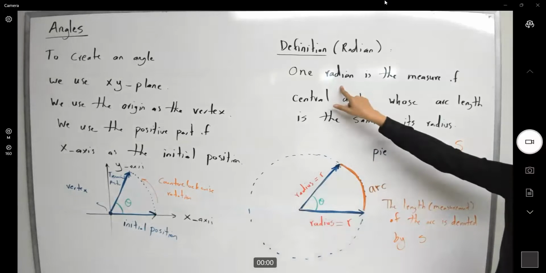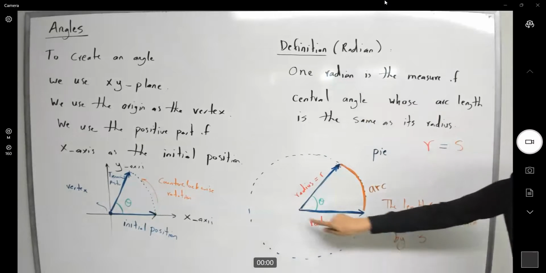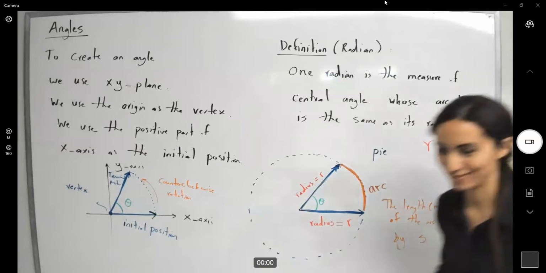That's how we define 1 radian. So 1 radian happens when this radius is equal to the arc length.